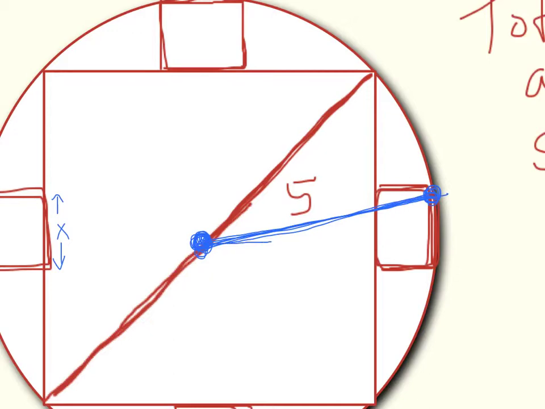if I construct myself a right triangle, like so, what are the side lengths of this right triangle that I have just constructed?